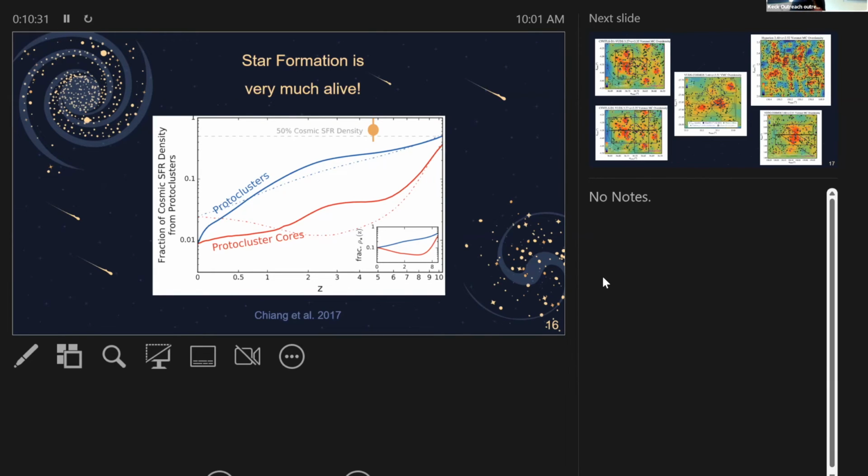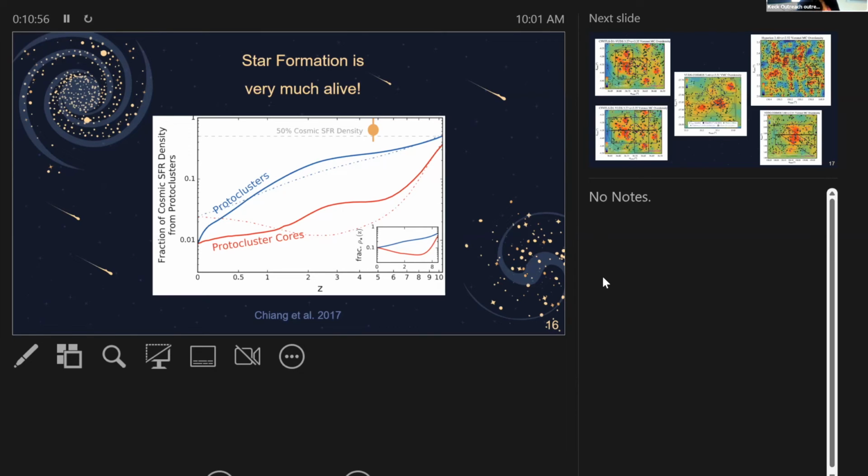And so that might be why we see such a discrepancy between the simulation and our observational result. But on the other hand, we might also be missing the contribution from really starburst galaxies, which diminish in UV and optical. So this result might be even higher than what we see here.